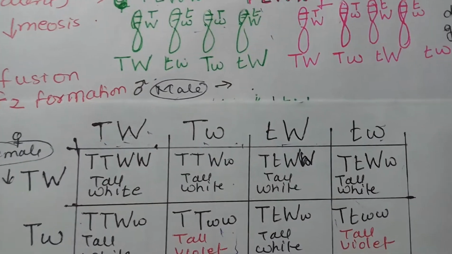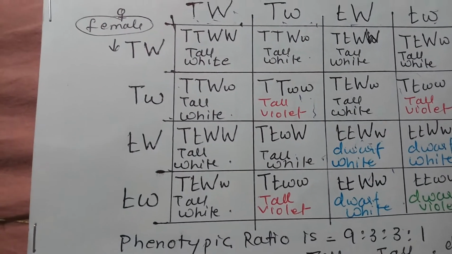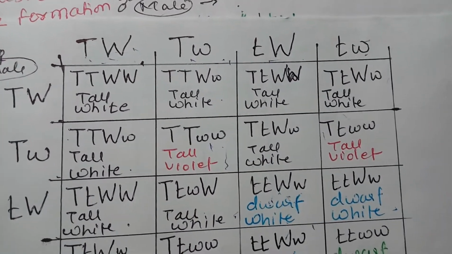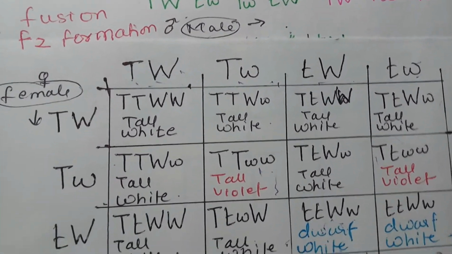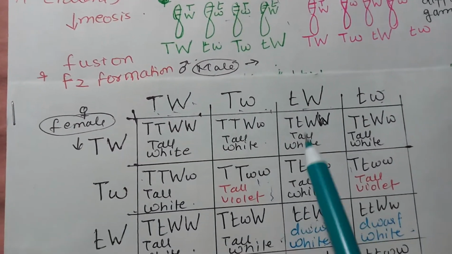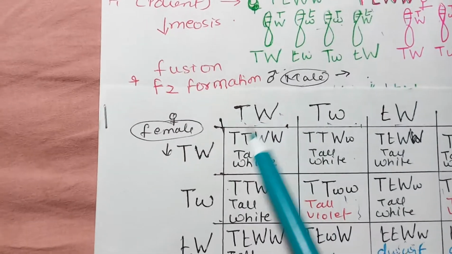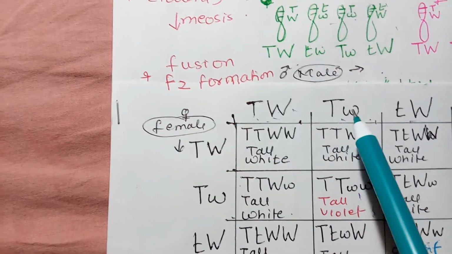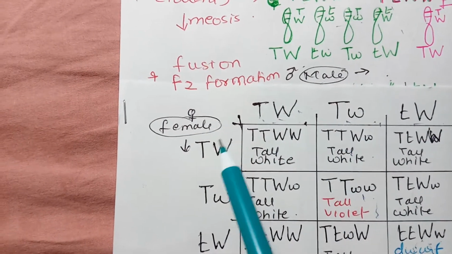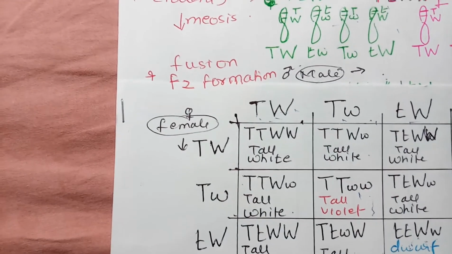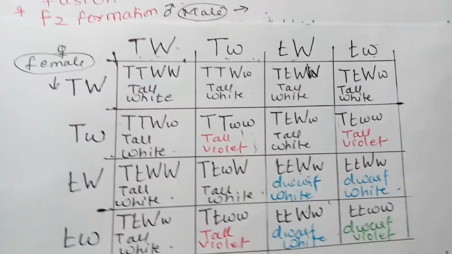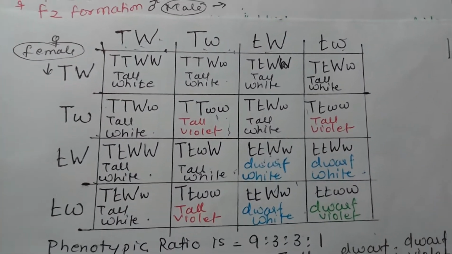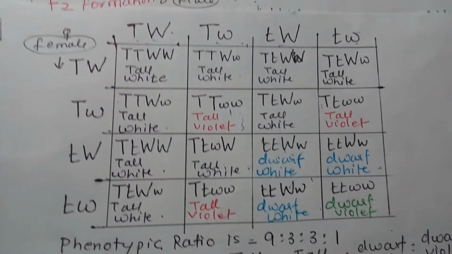On one side male gametes are written, and down the column female gametes are written, and then their combination. So these two will combine, that is this and this. So T T W W, then this and this combination T T W W. You understood? So with this, if you do, here you will see the phenotypic ratio.